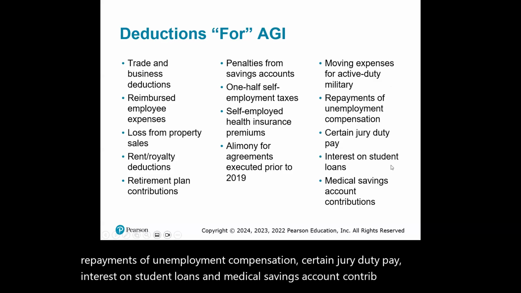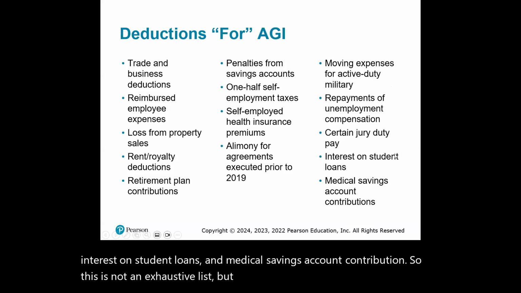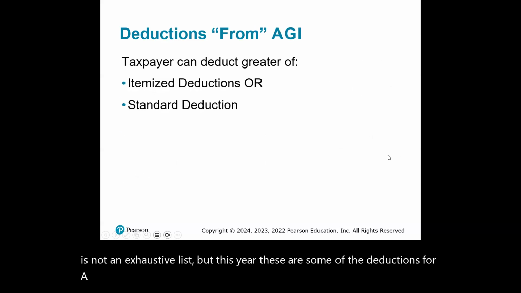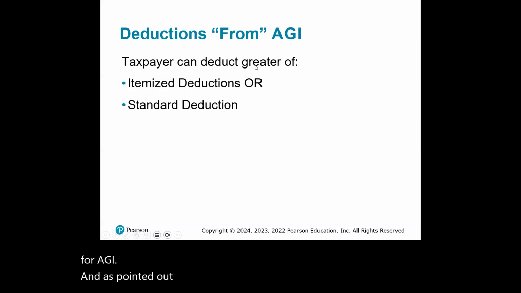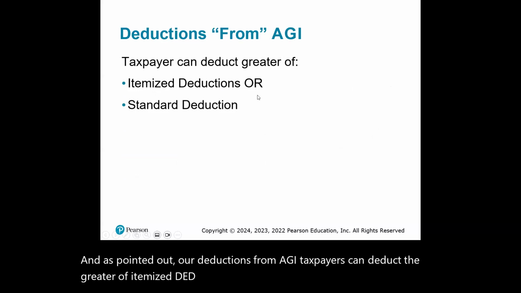So this is not an exhaustive list, but these are some of the deductions for AGI. And as pointed out, for our deductions from AGI, taxpayers can deduct the greater of itemized deductions or the standard deduction.